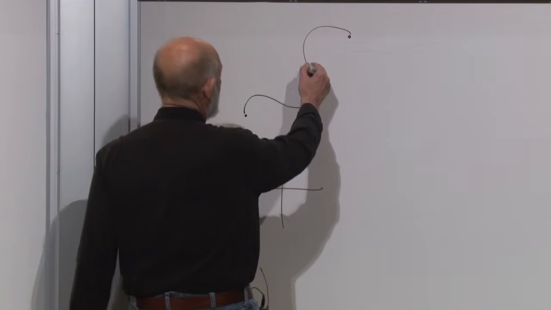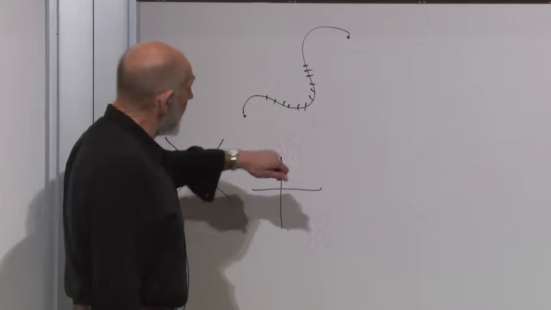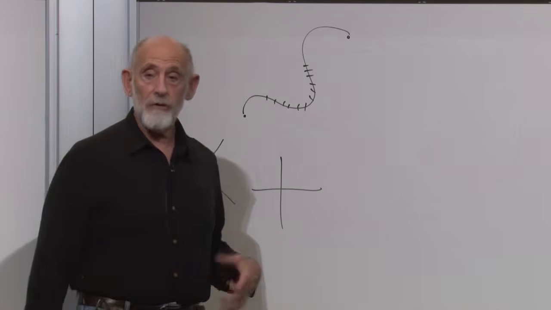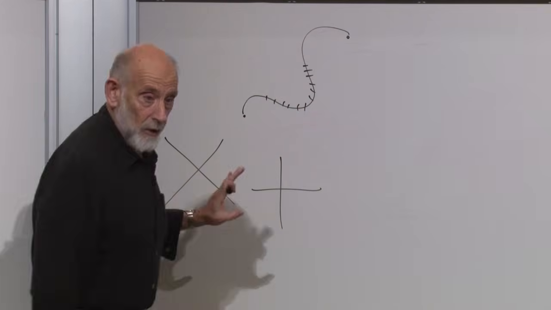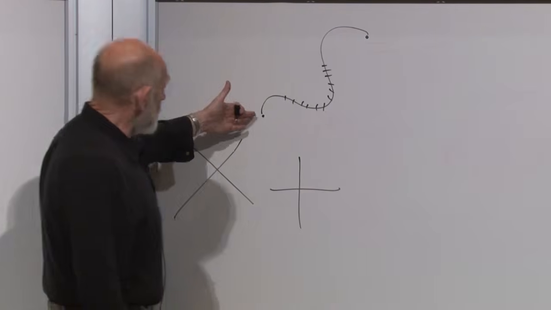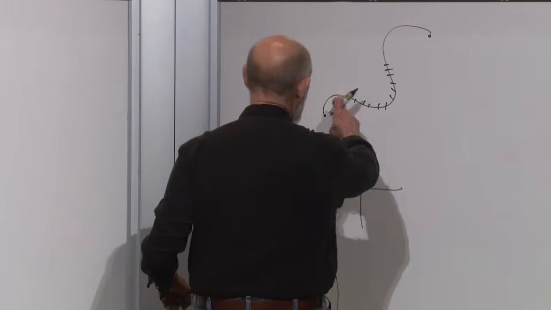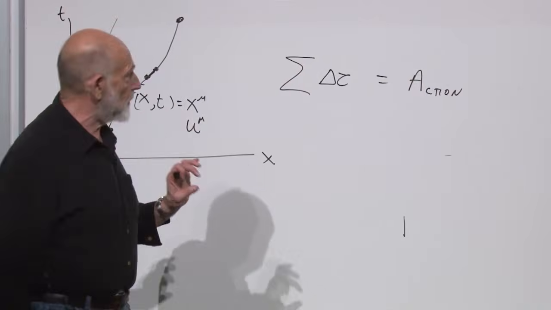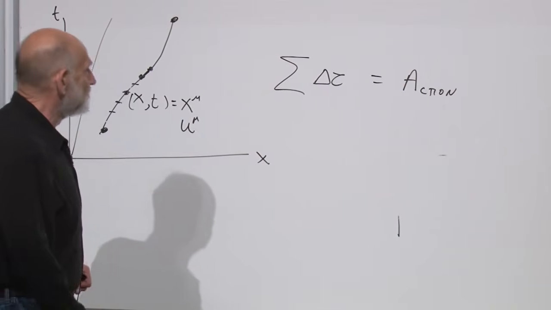If we think of the distance along the curve as a sum of a lot of little incremental distances, and everybody agrees on the incremental distances, then the curve we get will not depend on the coordinate system we use to evaluate it. It's an invariant concept, the shortest distance between two points. What we do then is add up all the little Euclidean distances, and here we're doing exactly the same kind of thing, adding up all the little proper times along the trajectory. In fact, the formulas are almost identical apart from the sign.